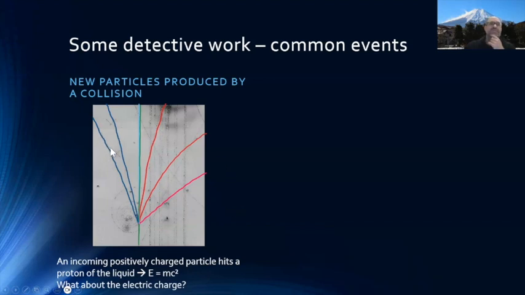We have two negatively charged particles, so -2, plus the green one is -1, plus the red one is 0, plus this red one is +1, and the pink proton before is +2. So electric charge, a basic principle in particle physics, is conserved by the production of new particles by a collision.